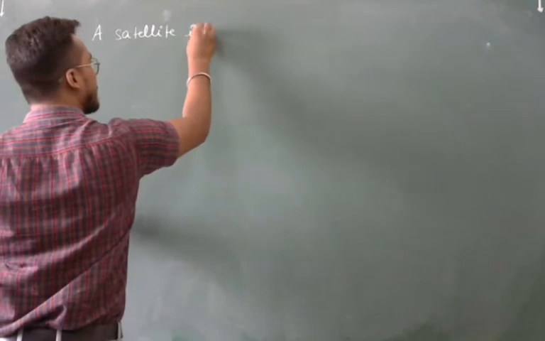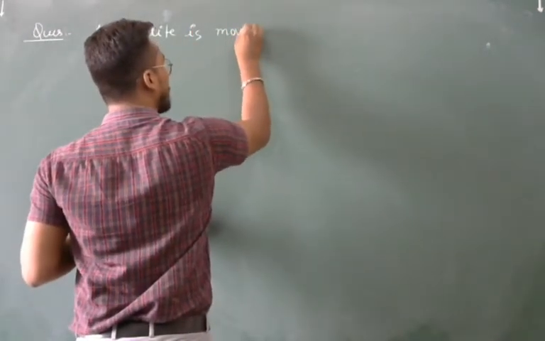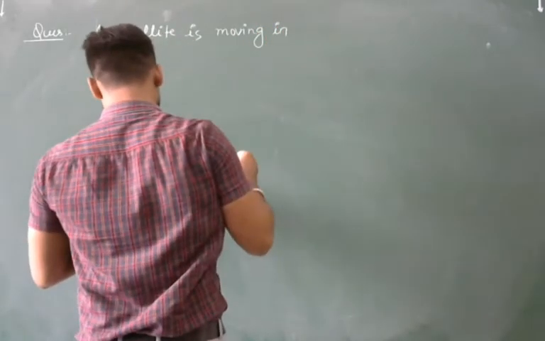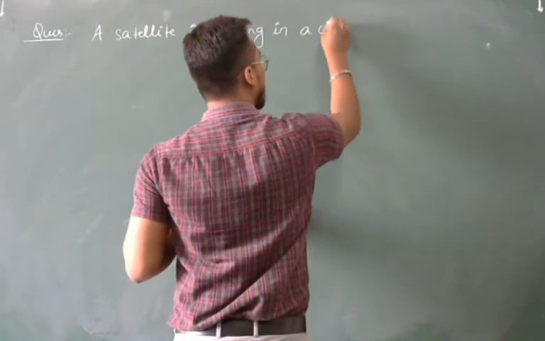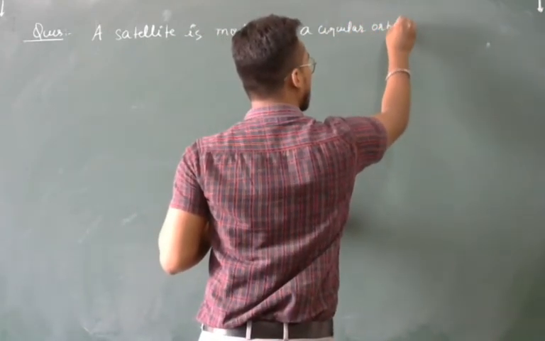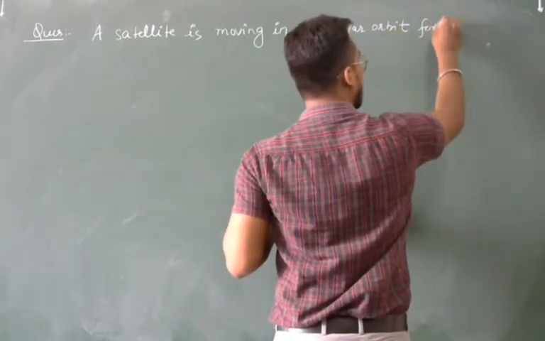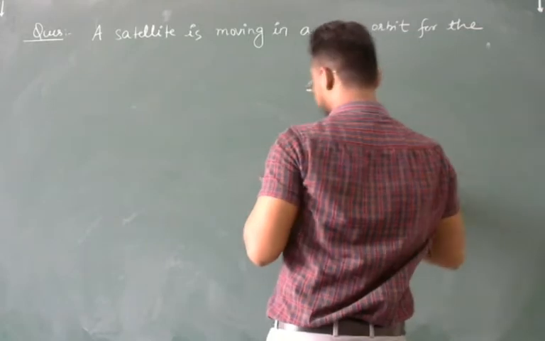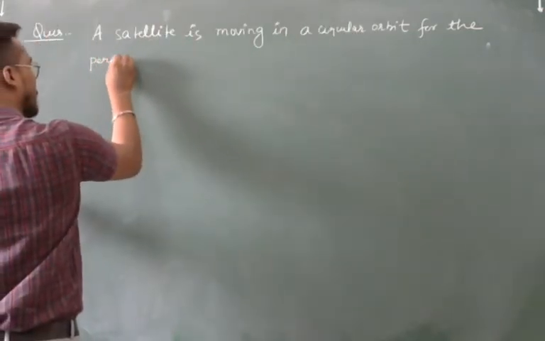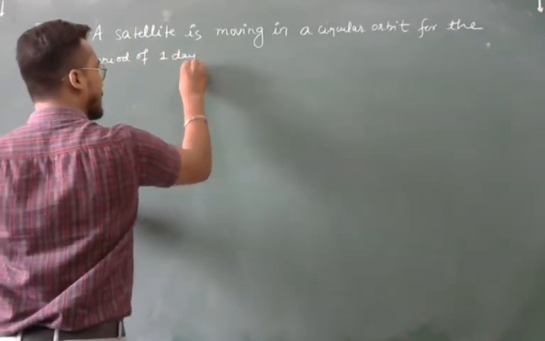A satellite is moving in a circular orbit for the period of 1 day.